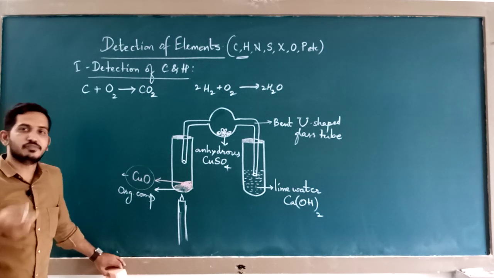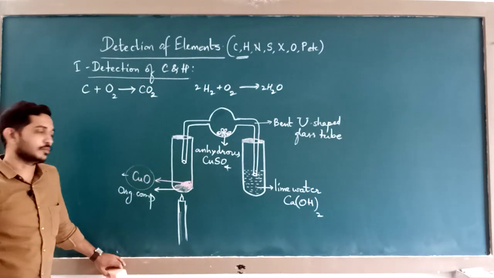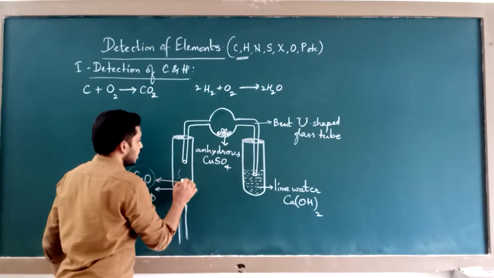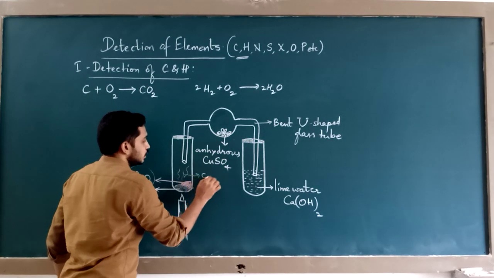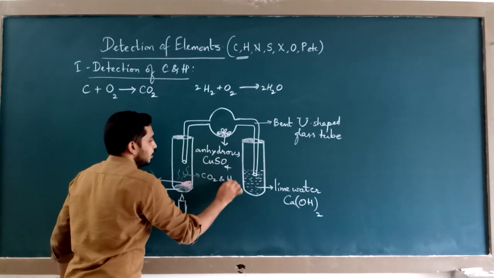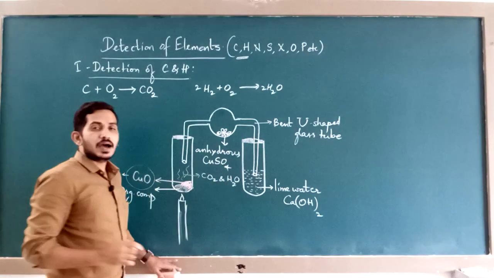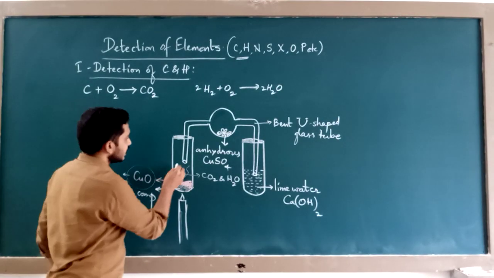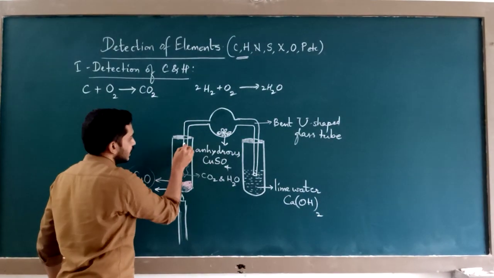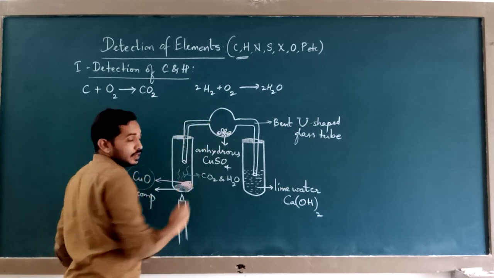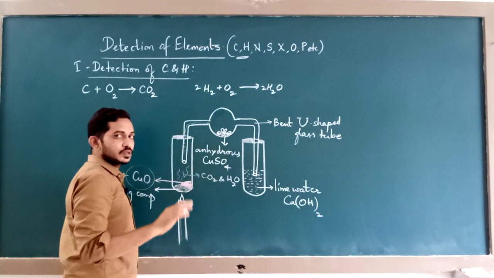Both will be in the form of vapors. So upon heating, the vapors of both carbon dioxide and water are liberated. They cannot go outside from here, so they will travel through the U-tube only.